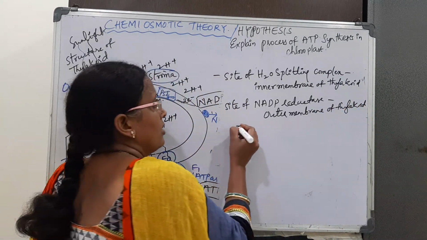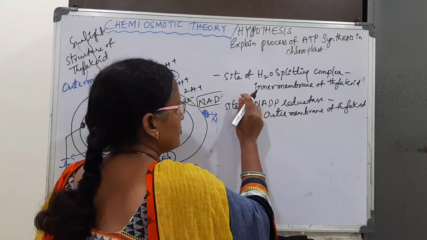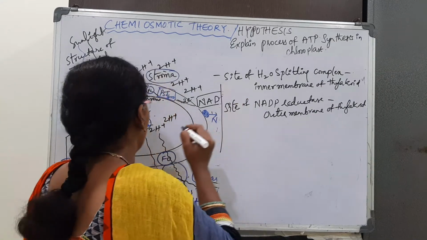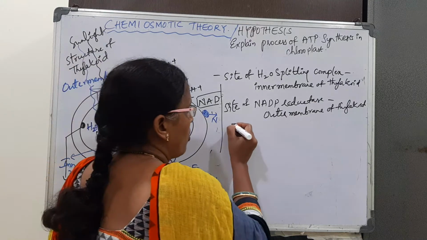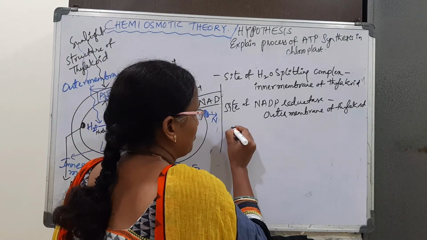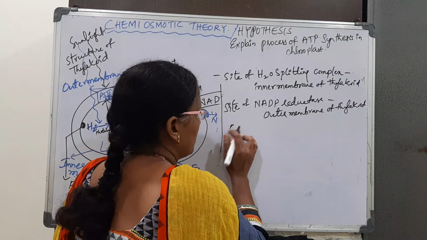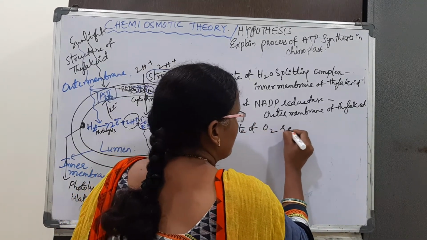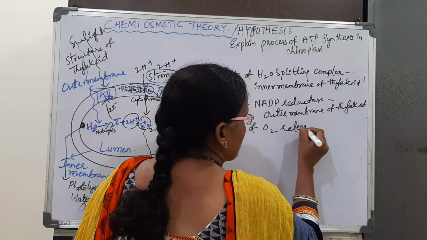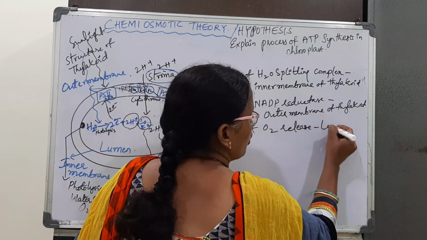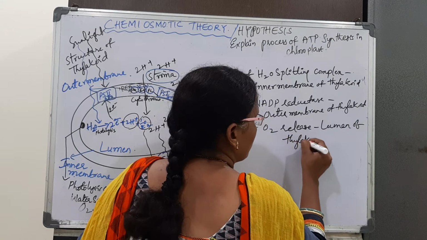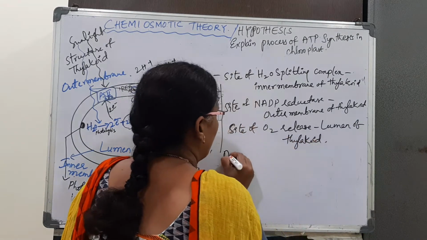Next, the site of oxygen release: the lumen of the thylakoid.